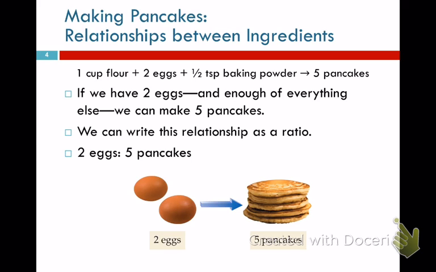And if I did have teaspoons of baking powder, so what do I have? 2 teaspoons of baking powder. It's 10 pancakes per teaspoon.